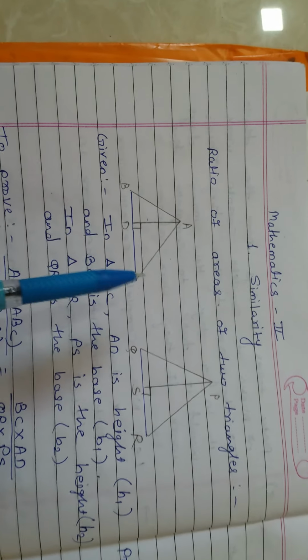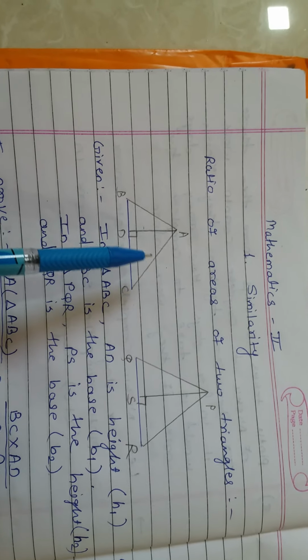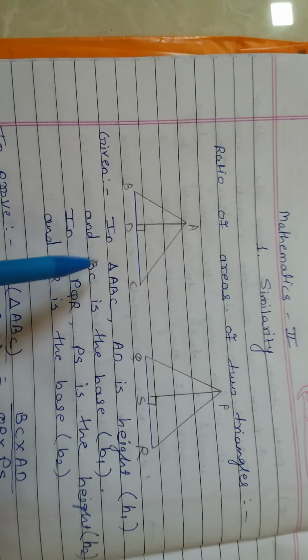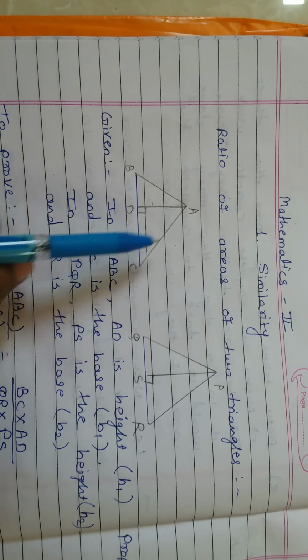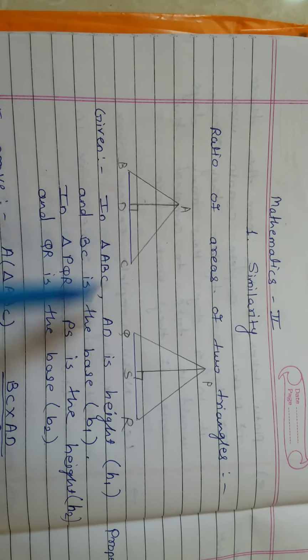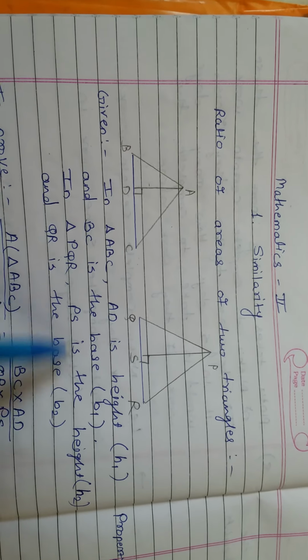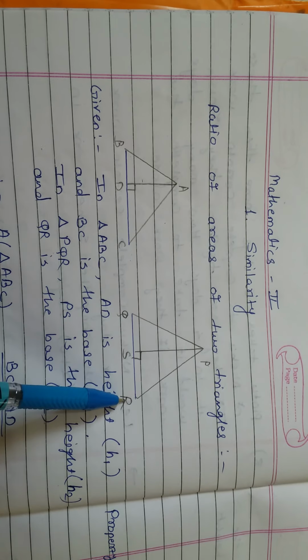Now let's start with the first point, that is ratio of areas of two triangles. Here take any two triangles, triangle ABC and triangle PQR. Here given is that in the triangle ABC, AD is height which is denoted by H1, BC is base which is denoted by B1, and in triangle PQR, PS is height which is denoted by H2 and QR is base which is denoted by B2.